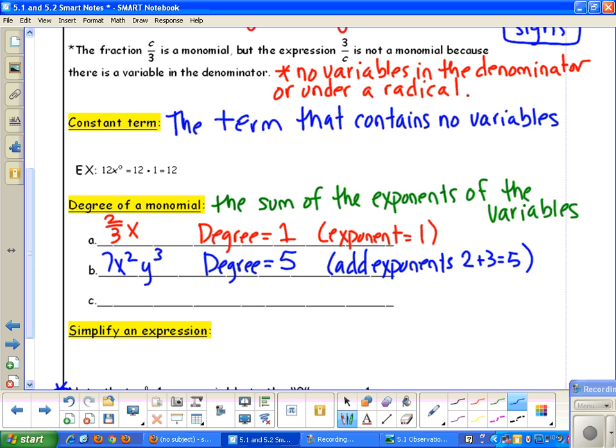For the next one, I have -4 for my example. So if I just have -4, remember this is a constant monomial, which means that it doesn't have an x, because it's like x times x to the 0 power. So the degree for a constant term would be 0 because there are no exponents.